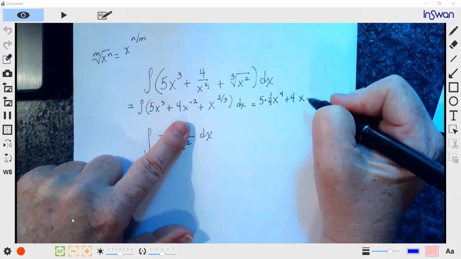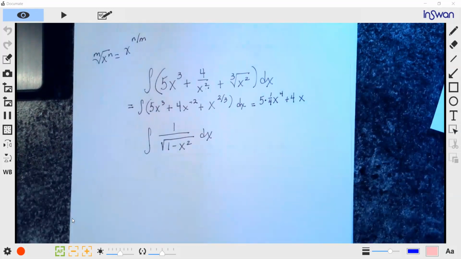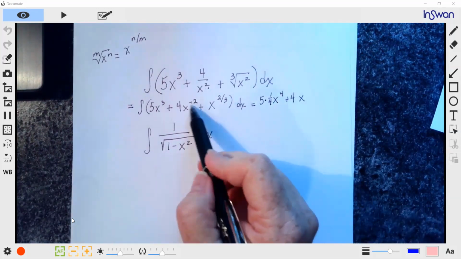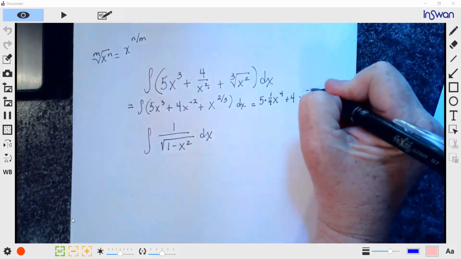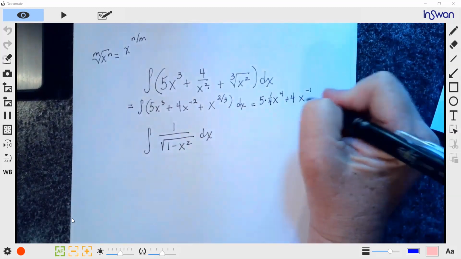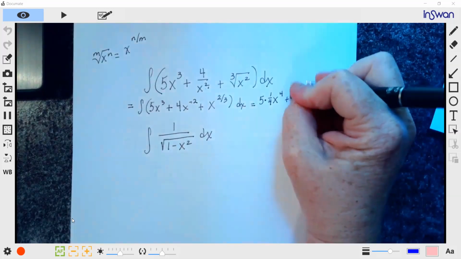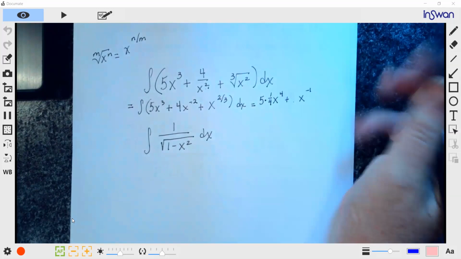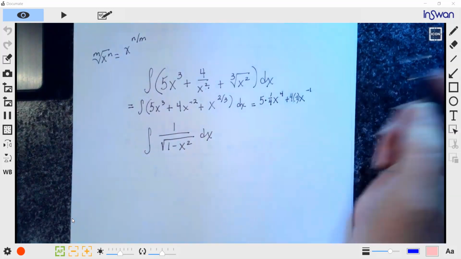Now remember, the only time you have a natural log involved is when the original variable was raised to the -1 specifically. When it's a -2, you still just add 1 to the exponent. -2 plus 1 is -1, and multiply by the reciprocal of that new exponent. The reciprocal of -1 is -1.